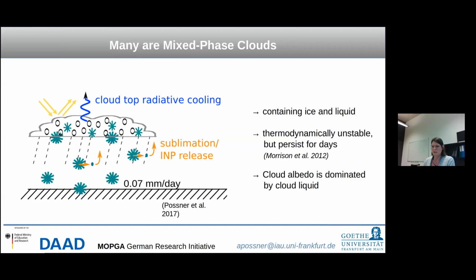So in terms of the climate impact of these clouds, ice can be viewed as a sink on water, because due to the thermodynamics of this system, when your temperature is colder than freezing, all ice crystals will always grow at the expense of liquid water. It's energetically favorable to be in the ice state as opposed to the liquid state at temperatures below 0 degrees.